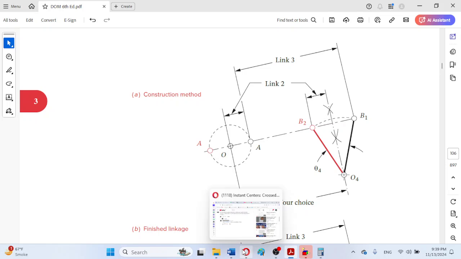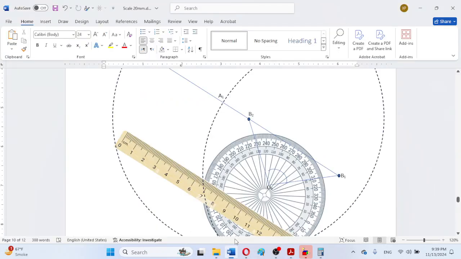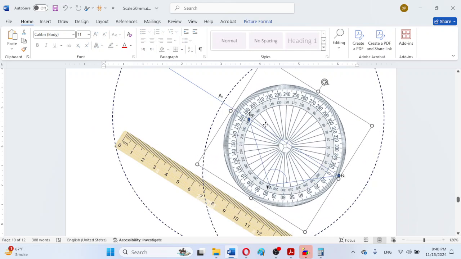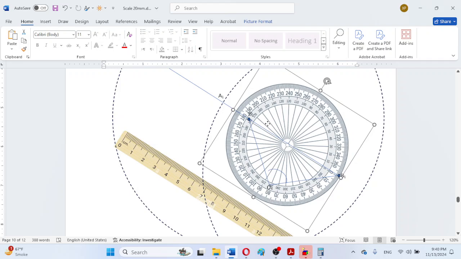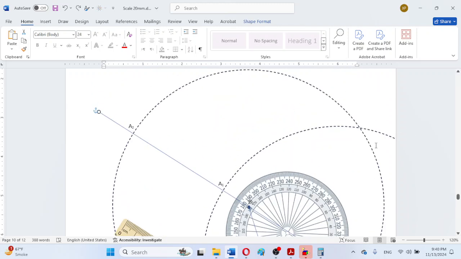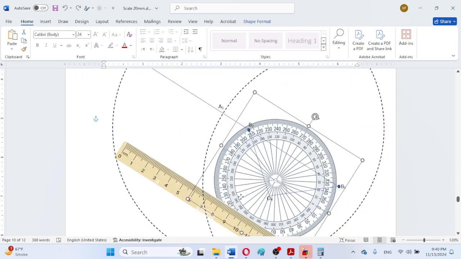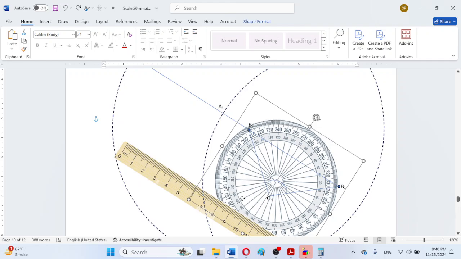So here, at this stage, because I have a protector, that will make work easier.